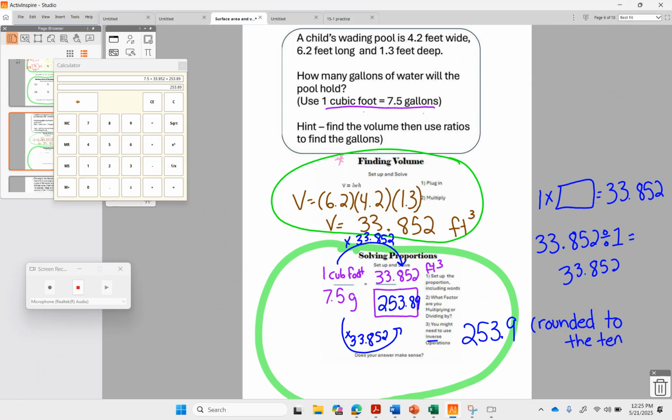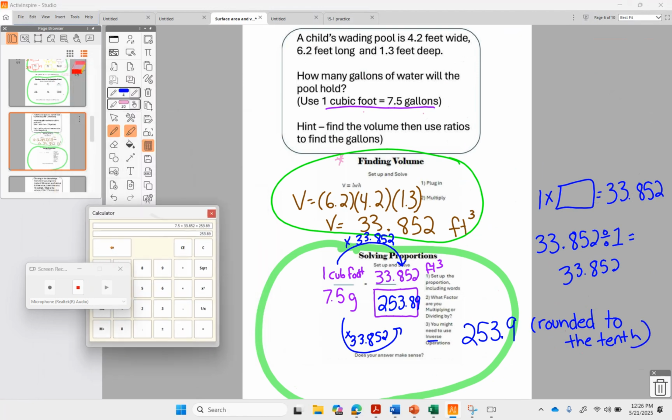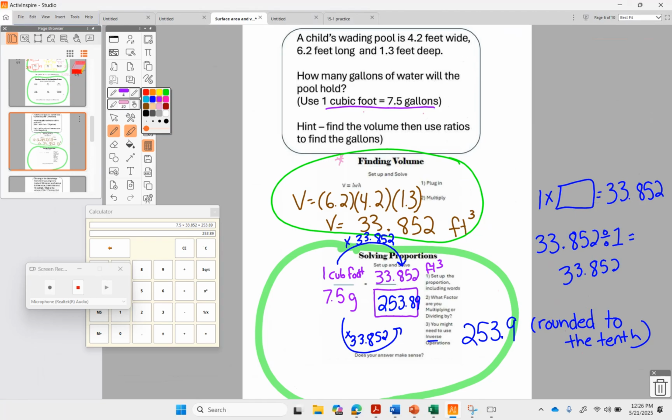If I asked you to round it to a whole, it would round to 254, rounded to the nearest whole.